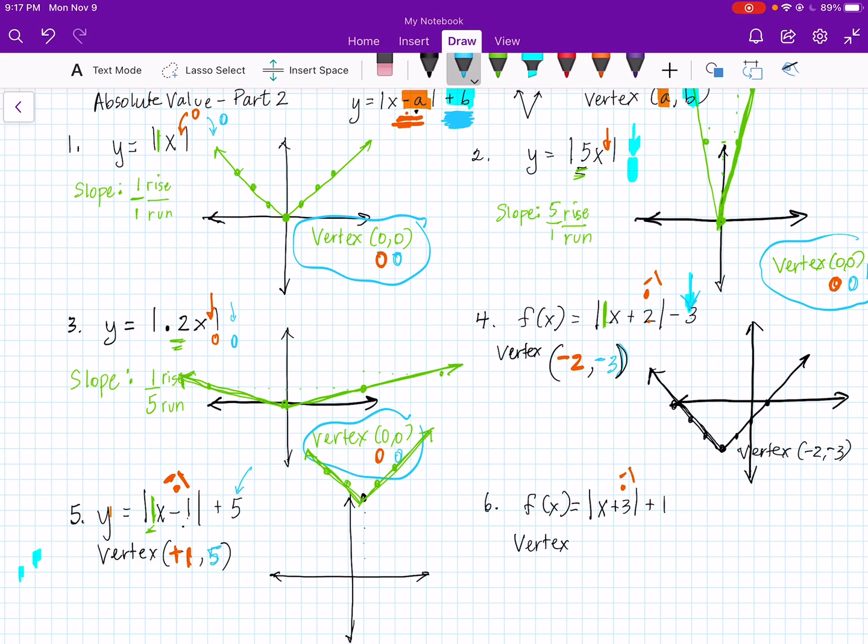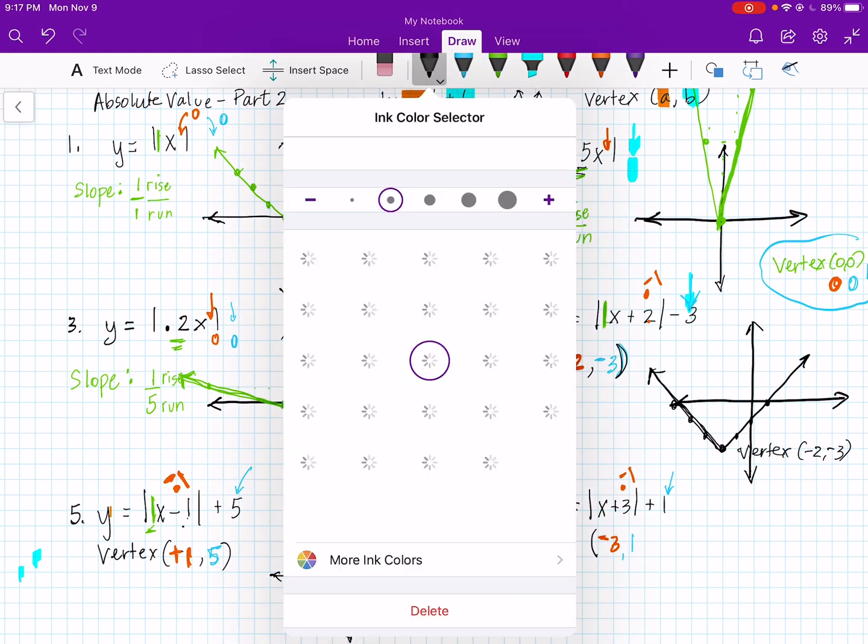And my b is on the outside right here, and you just take it because it's a plus b. So my vertex, hopefully you're saying my vertex would be 3 times -1, which would be -3, and then it would just be 1. So -3, 1 is my vertex.